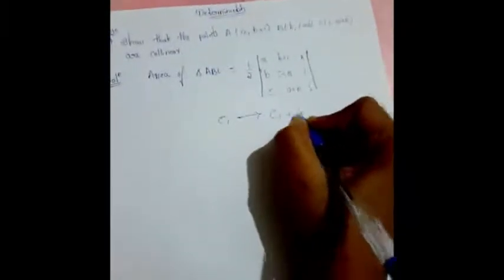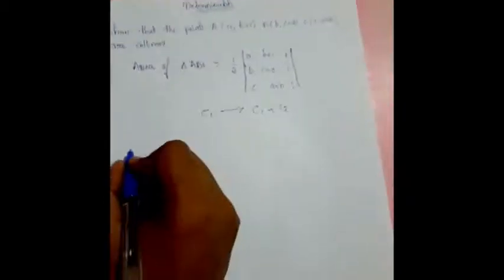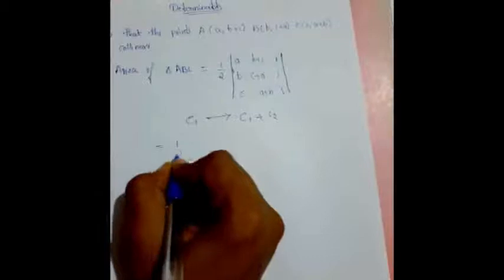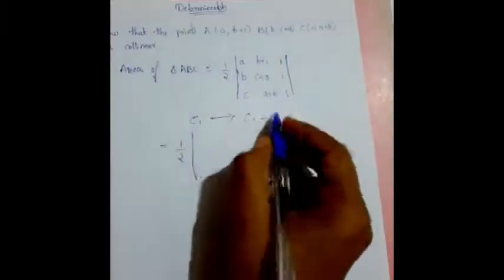The first column should be replaced by C1 plus C2. We have to replace the first column by adding column 1 and column 2. Adding column 1 and column 2, the first column will be a plus b plus c.